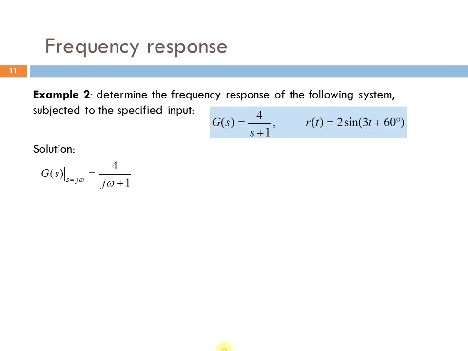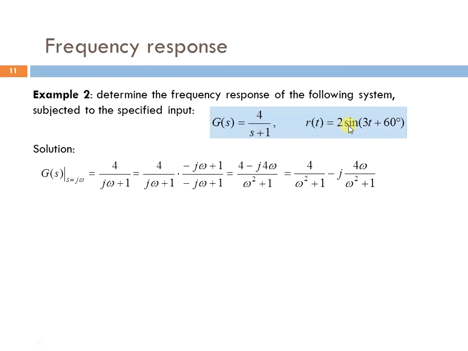So we make the substitution s equal to j omega, and normalize it by multiplying both the denominator and numerator by the complex conjugate of the denominator, and then we can split that into the real component and the imaginary component.